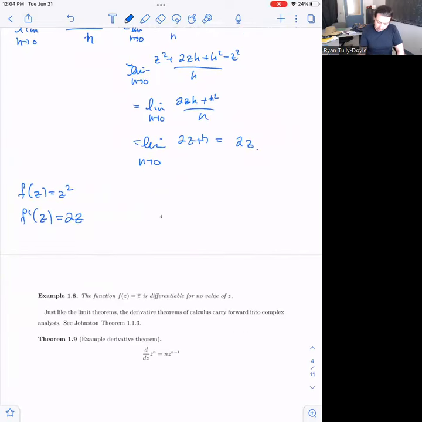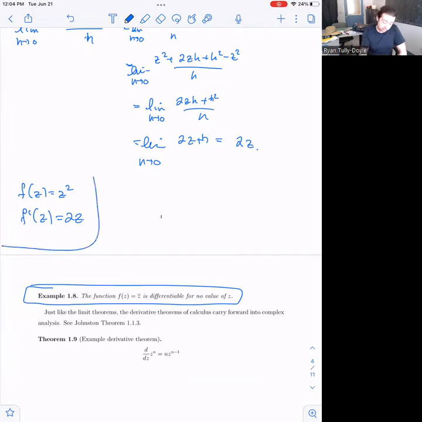One thing to show here that I've not left room for is you can prove that there are functions that are differentiable for no values of z. So the function f of z is equal to z bar is differentiable for no value of z. The reason is that you can approach z from multiple directions, and you're going to find that you get different values.